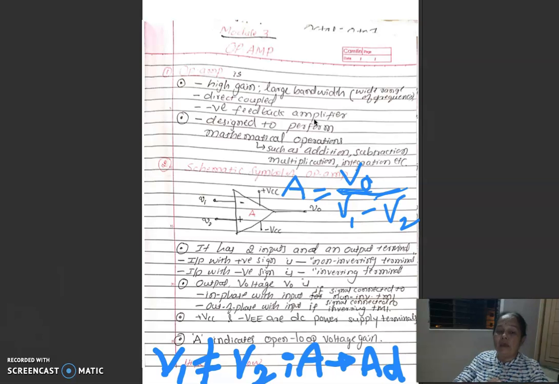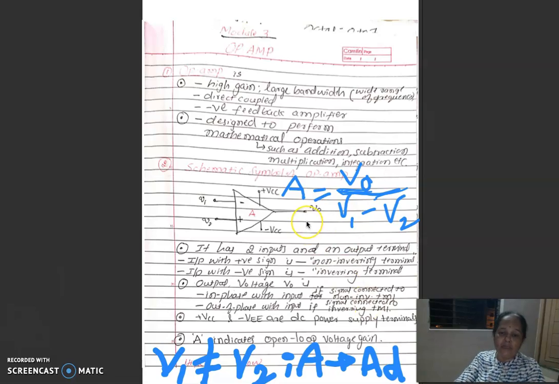So we are going to define the op-amp as a high gain, large bandwidth, direct coupled negative feedback amplifier. And this op-amp is basically designed to perform mathematical operations such as addition, subtraction, multiplication, integration, differentiation, and so on. Okay, this is what you'll have to explain when you are asked what is op-amp.